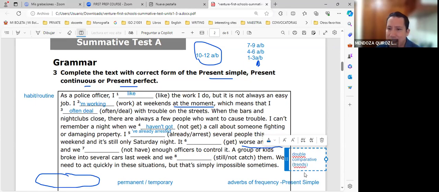A trend is like a tendency, right? For example, what is a tendency at present? To live in apartments. I remember when I was your age, most people, I can say 95% of people used to live in houses. But now people live in apartments. So this is a trend. And when you talk about a trend, you use the present continuous. More and more people are living in apartments these days.